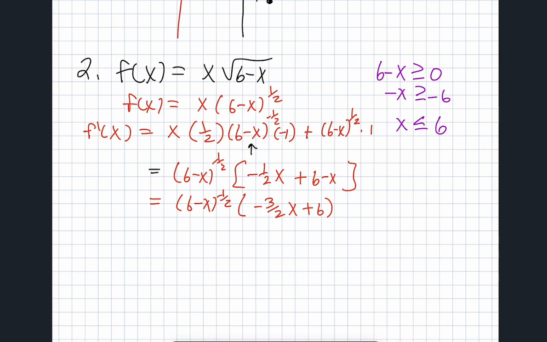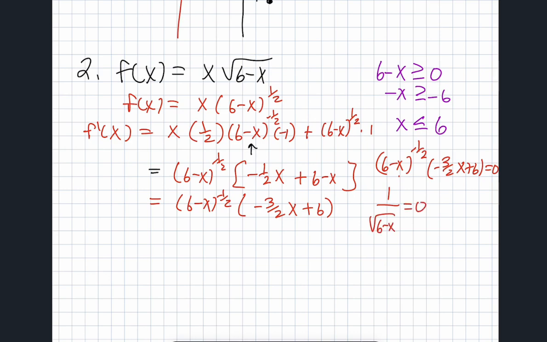Now, we are looking at where that thing equals 0. This part here is really 1 over the square root of 6 minus x.